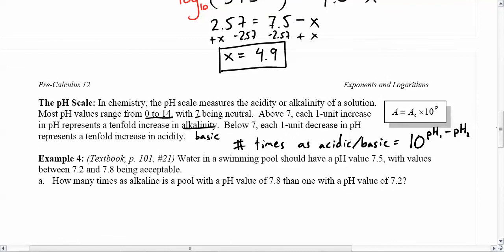So if you want to know how many more times alkaline a pool with pH of 7.2 is compared to 7, the number of times is 10 to the power of big pH minus small pH.